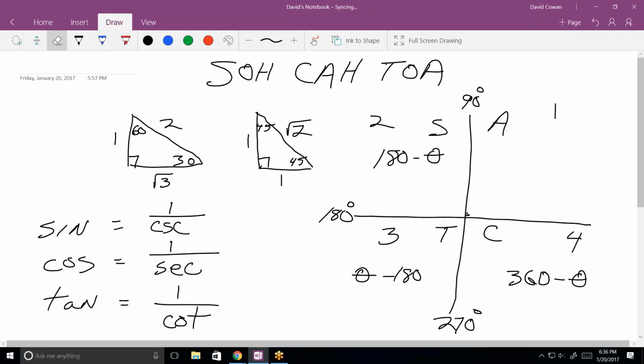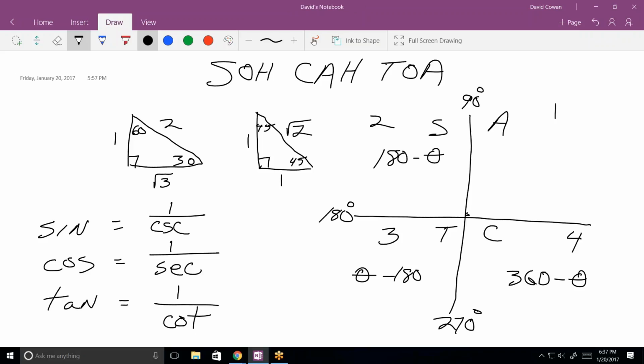So for a moment, let me erase the circle. What you're looking at on this page is going to allow you to figure out the trig function of any angle that is a multiple of 30, 45, or 60.